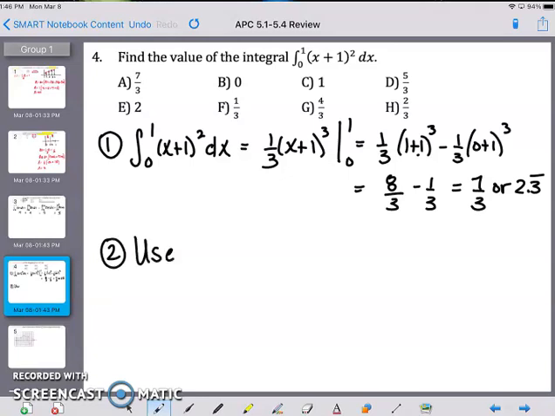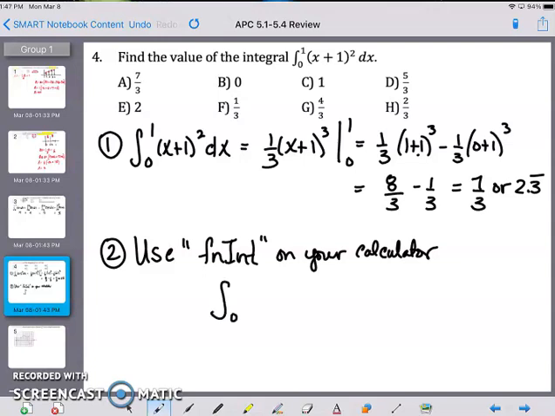Again, we're looking at the integral from 0 to 1 of (x plus 1) squared dx. So you're going to bring up your graphing calculators.